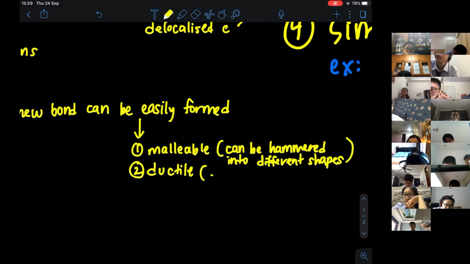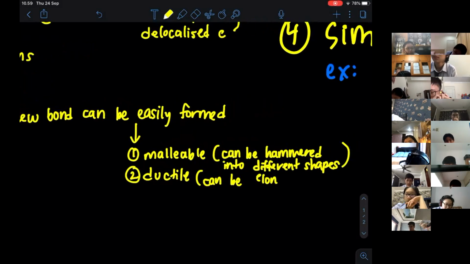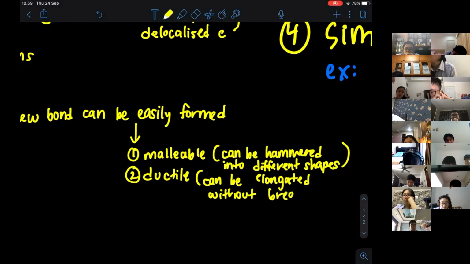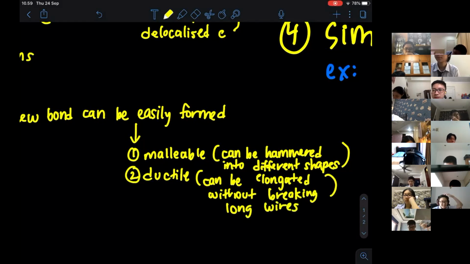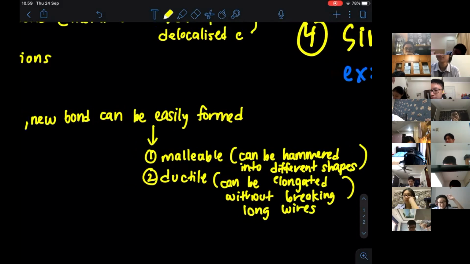Can be stretched like into wire. Yes, can be elongated without breaking, elongated to form long wires.